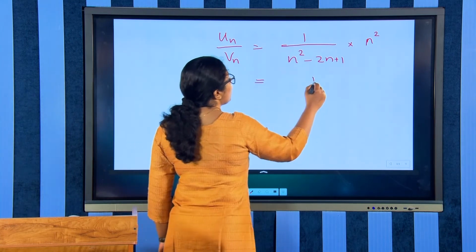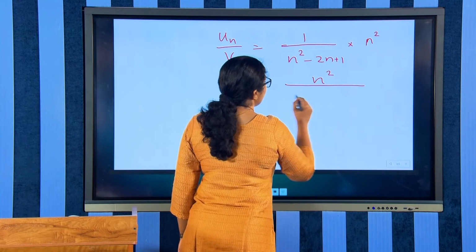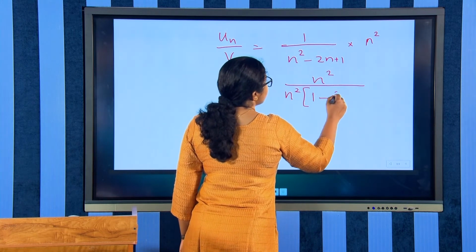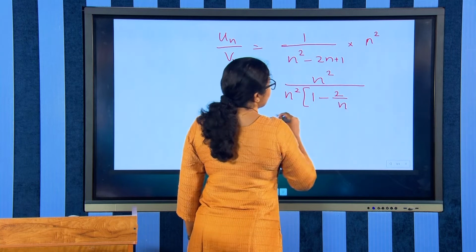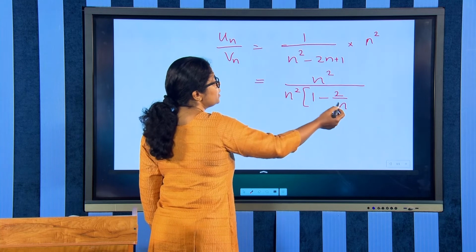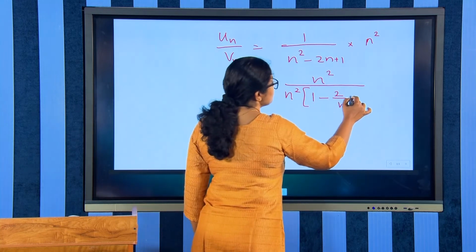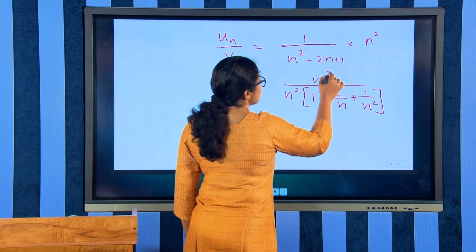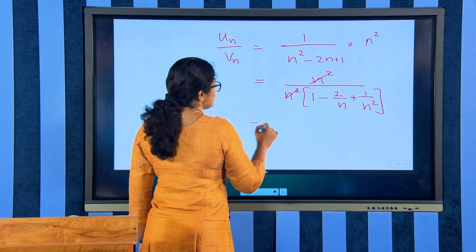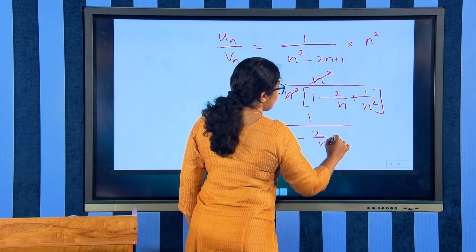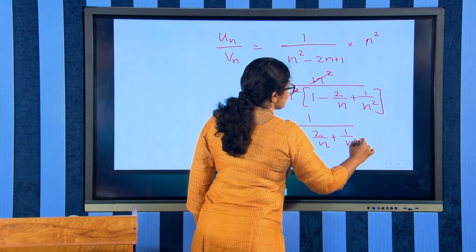When you take out n square from the denominator, we get 1 minus 2 upon n, because already there was an n here and we are taking n square outside, so a denominator of n comes, plus 1 upon n square. This n square and n square get cancelled, and you get 1 upon 1 minus 2 upon n plus 1 upon n square.